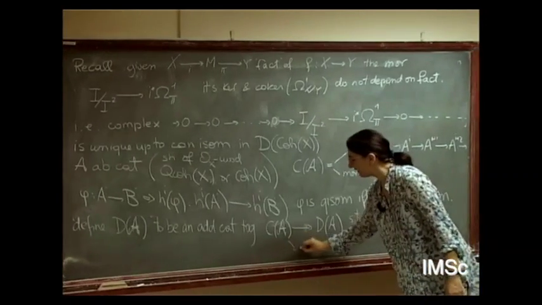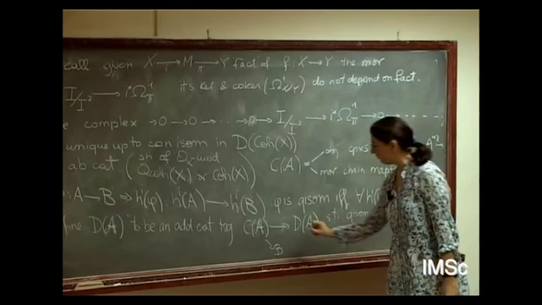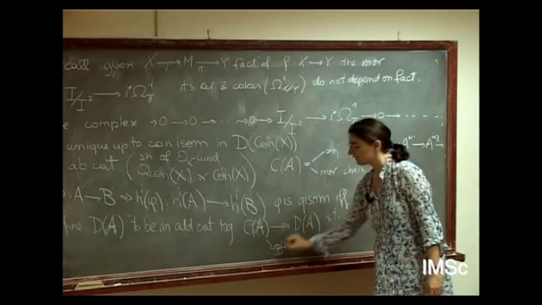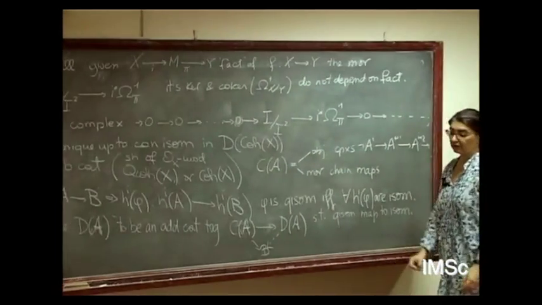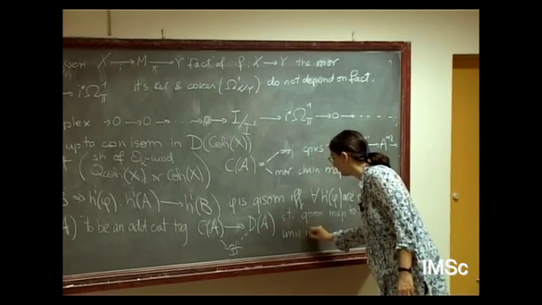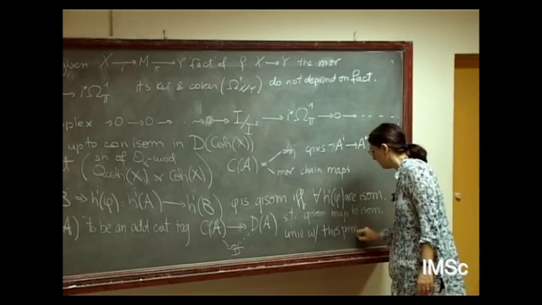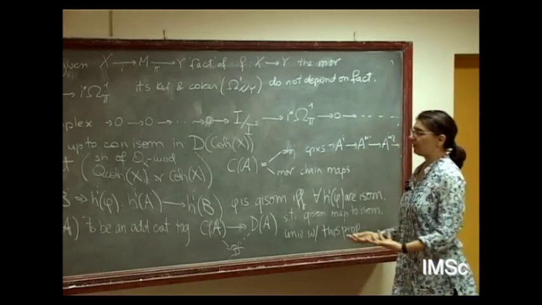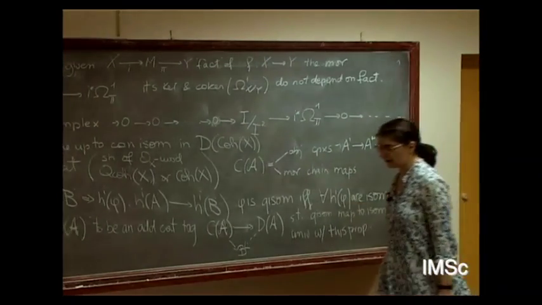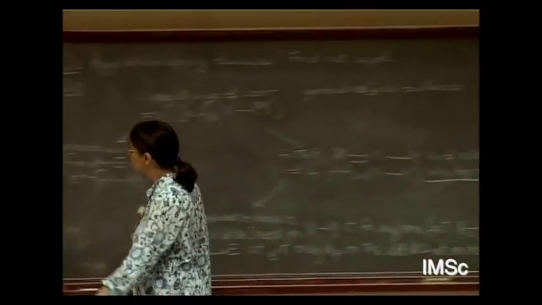So for any other map such that quasi-isomorphisms map to isomorphisms, there is an essentially unique factorization. So an informal way to say it is that you are inverting quasi-isomorphisms.